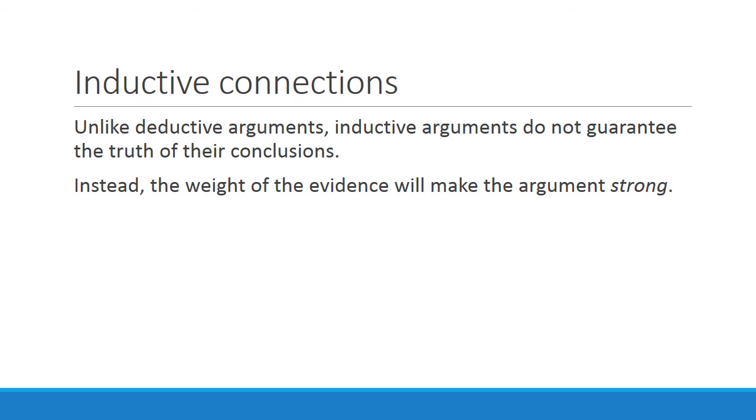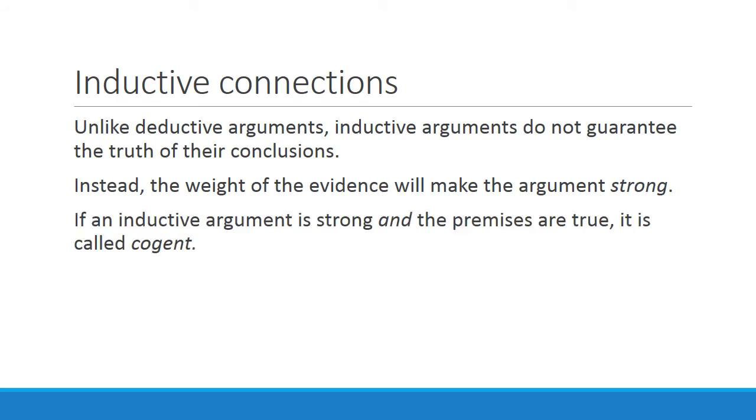I am not convinced that the conclusion is true. And then there's going to be an awful lot of arguments right in the middle that some people will say are strong enough, and some people will say, no, it's too weak. So this is more of a spectrum situation than deductive arguments, which are just on or off.